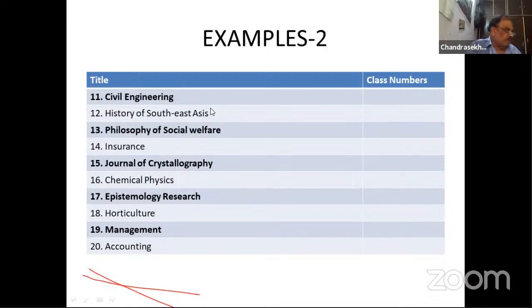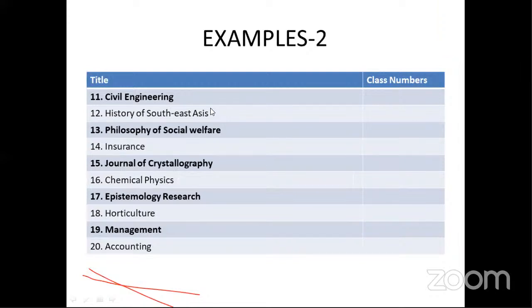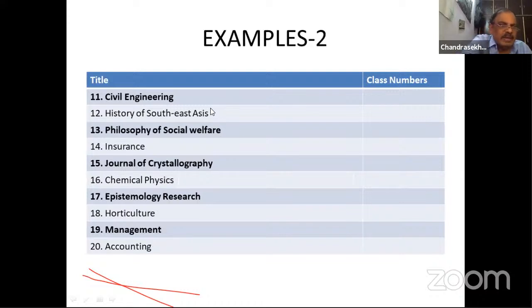So in the index also, you can't find that. In such cases, maybe somewhere it may be there in small print. 660 is chemical engineering. No, it is under chemistry, physics. It's a type of physics, a sub-area of physics, like engineering physics, mathematical physics, chemical physics. So you get the broad number, the physics number. Otherwise, don't waste the time. You leave that one for the choice.